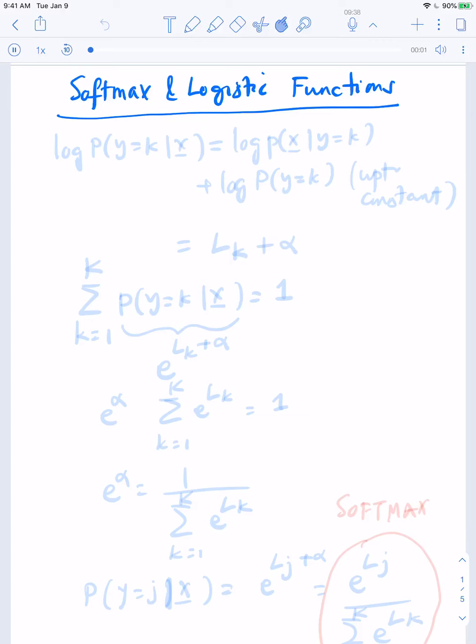So the softmax and logistic functions allow us to go from log posteriors to posterior probabilities. So let's look at what we are doing when we talk about posterior probabilities, right?